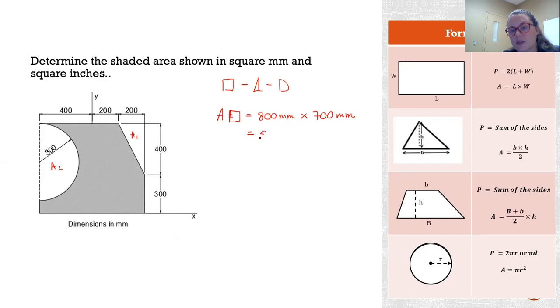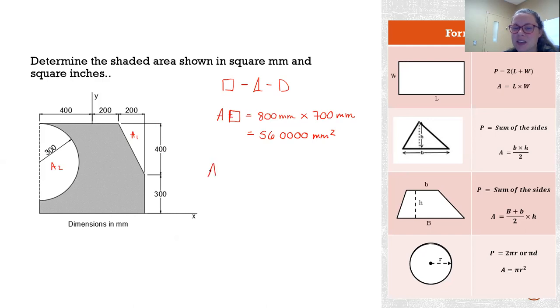This gives us 560,000 millimeters squared. This is one of the reasons why we might not like millimeters very much. Okay, so we have the area of that.